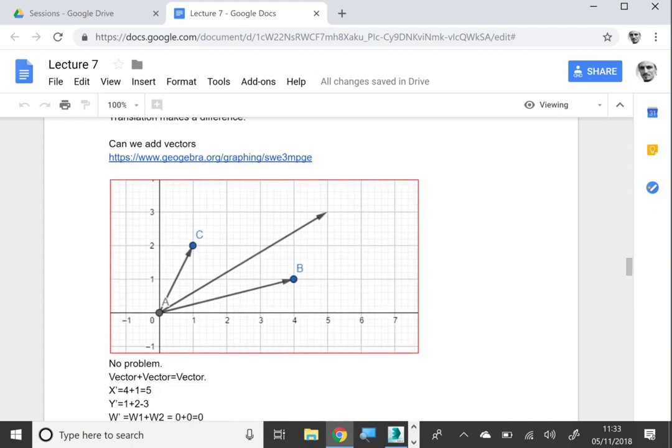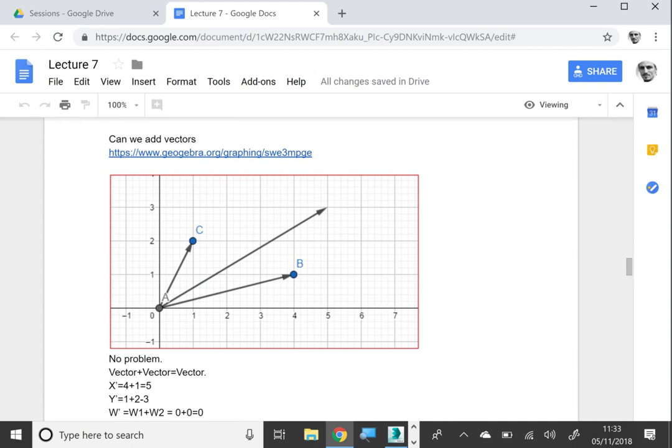So, can we add vectors? Yes, we can add vectors. I have this first vector, B, which is 4 and a 1, and another vector which is a 1 and a 2. If I add them up, 4 and 1 is 5, 1 and 2 is 3. So I end up here.